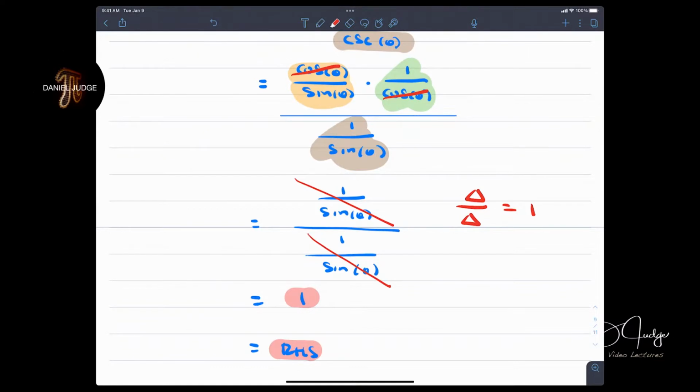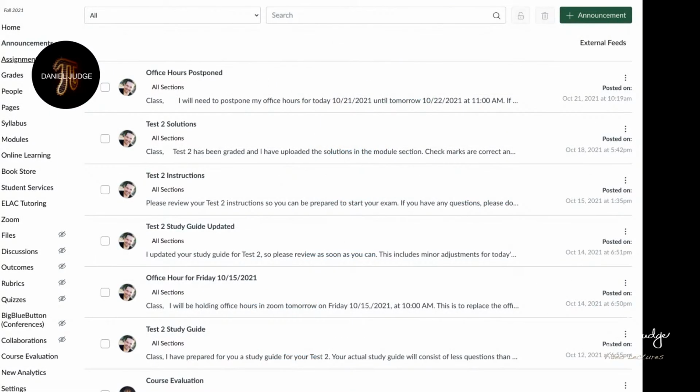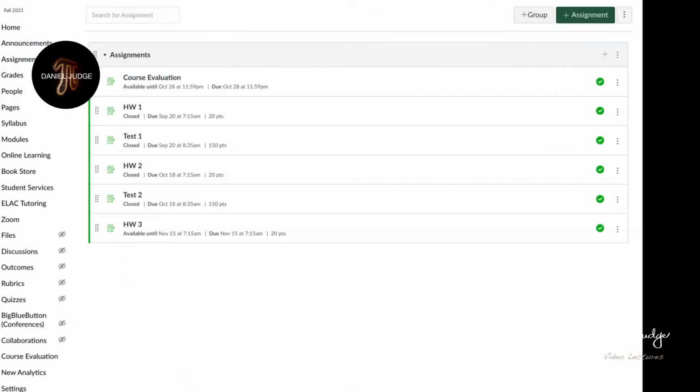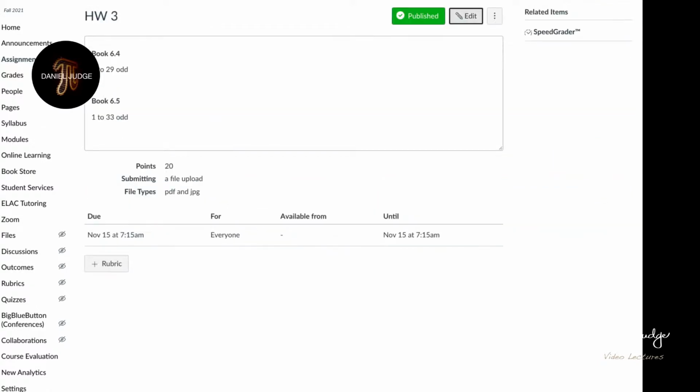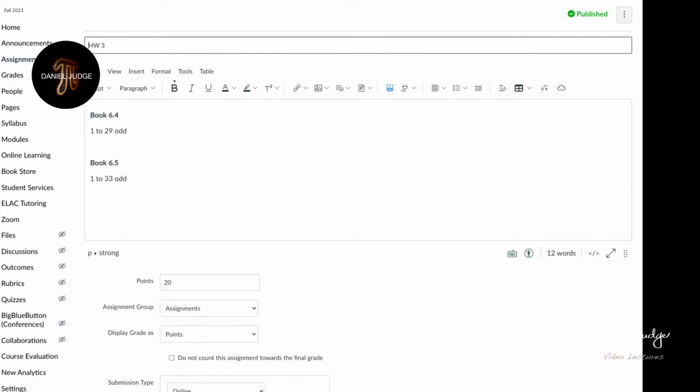Okay, this is the start of chapter 7.1. So you guys know. And I'll go to the assignment portion now. And I'm going to start to give you guys some homework on 7.1. Now, again, I'm going to go back and do some applications for law of sines and law of cosines.